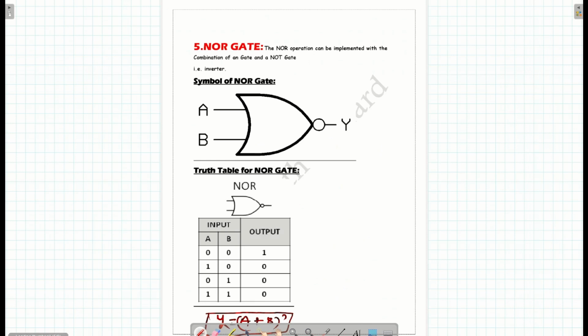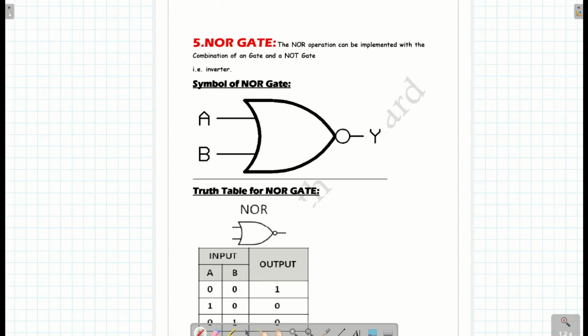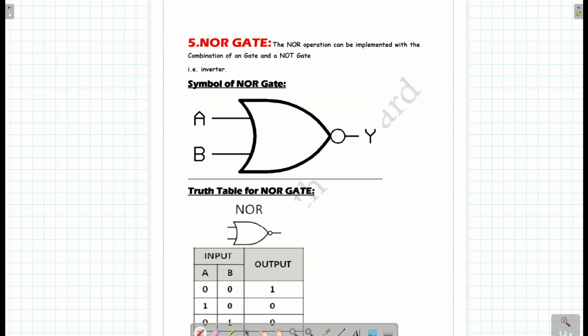Next, NOR gate. The NOR operation can be implemented with the combination of OR gate and a NOT gate, like an inverter. Symbol of NOR gate. Here you can see A, B are two inputs, and the output is Y. So NOR gate is what? It's basically N stands for NOT and OR stands for OR gate.